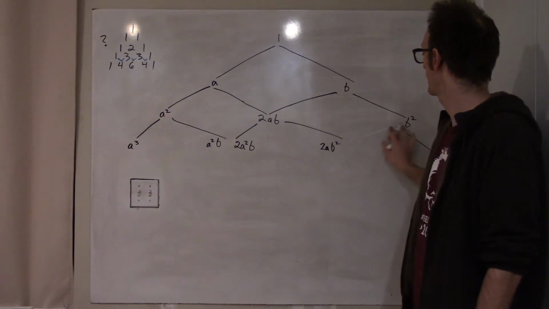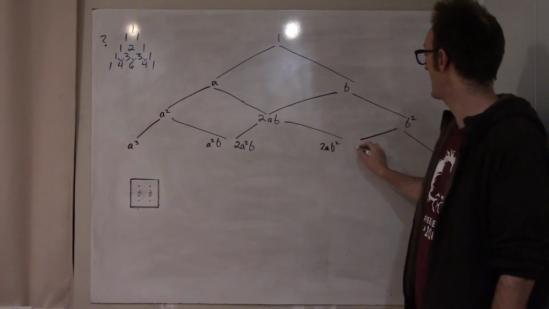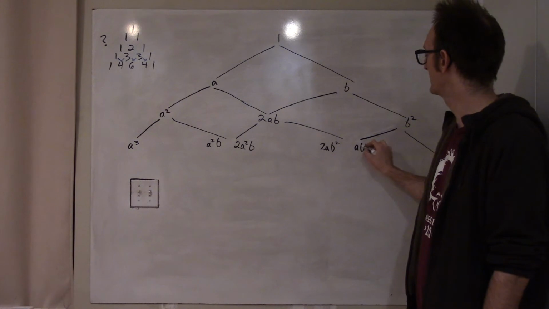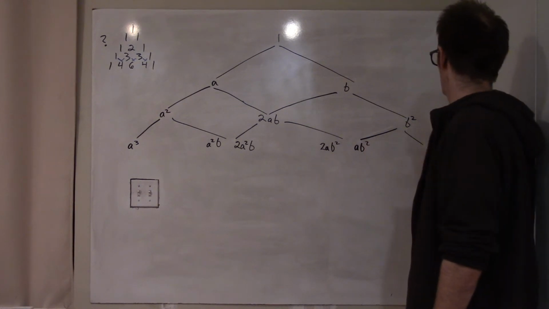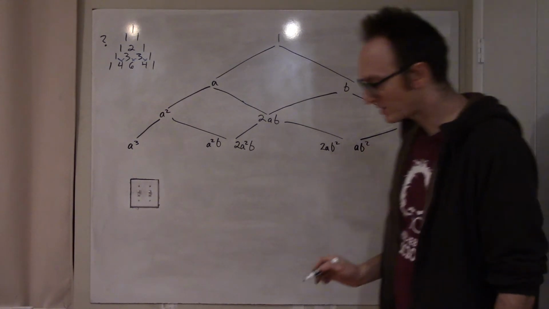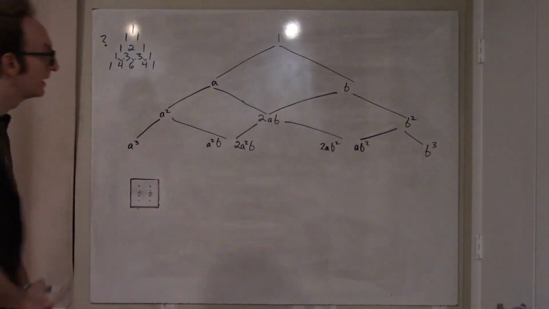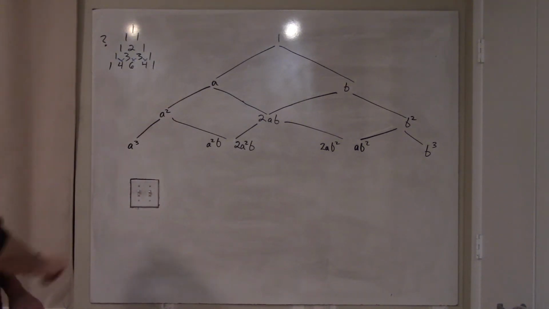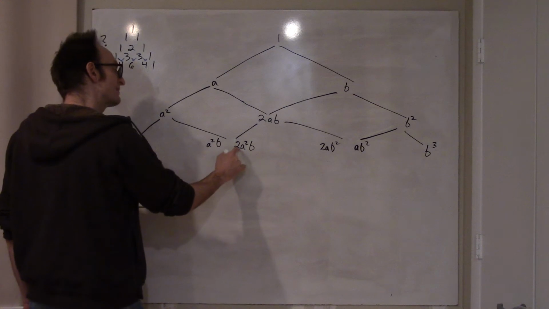But here, when I multiply B squared by A, I get AB squared. And here I'll just get B cubed. Now I combine like terms again. Here I have an A squared B, and here I also have an A squared B.